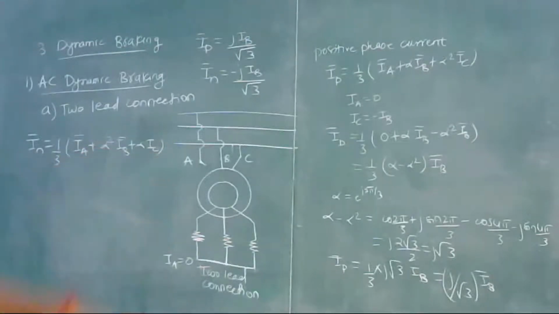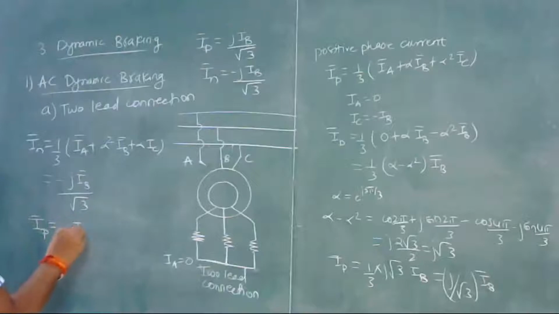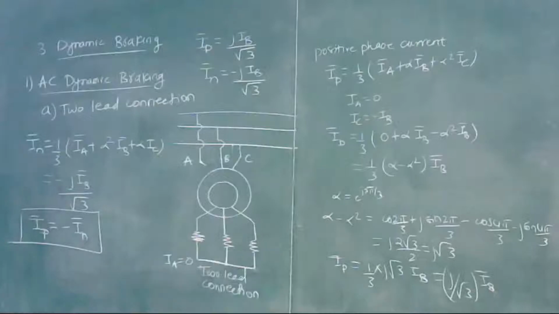When you solve this, you will get minus j IB upon root 3. So the positive phase sequence current is equal and opposite to the negative phase sequence current.